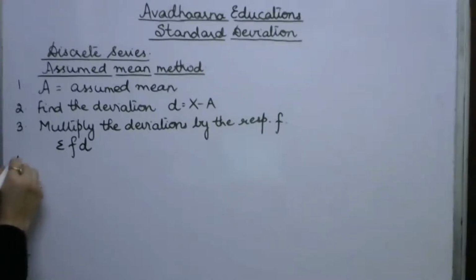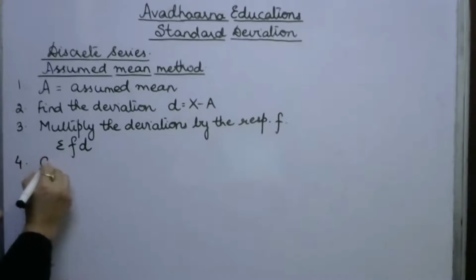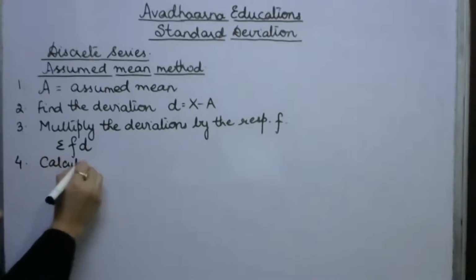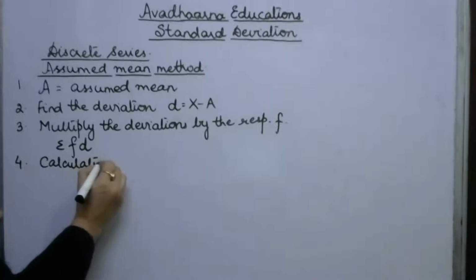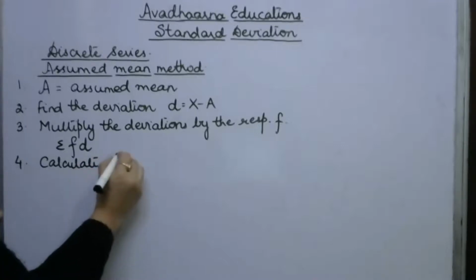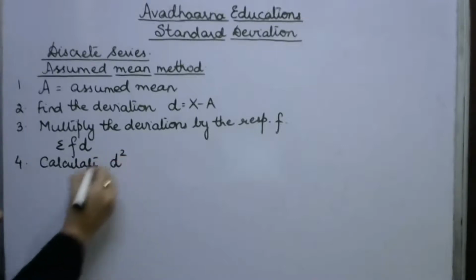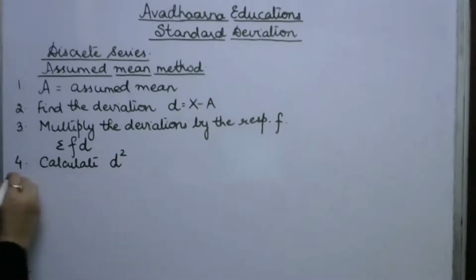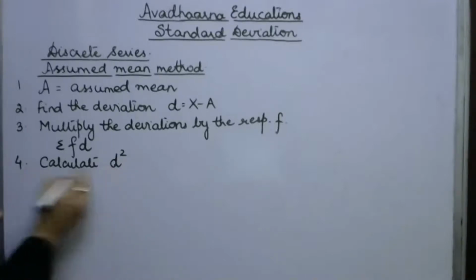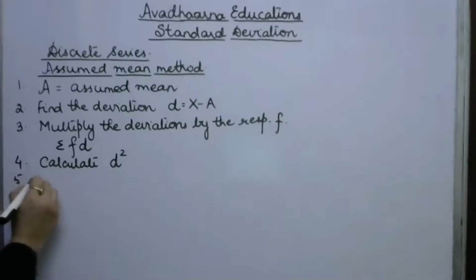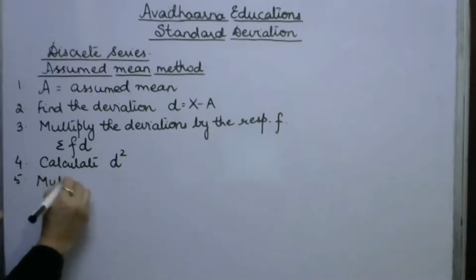Then fourth step is that we will calculate the square of deviations, that is d square, and then again multiply the squared deviations by the respective frequencies.